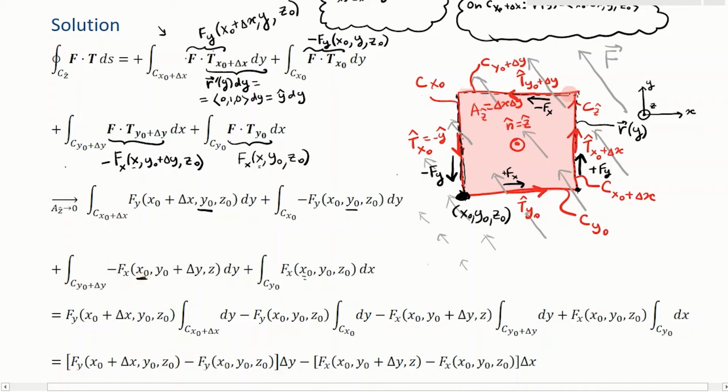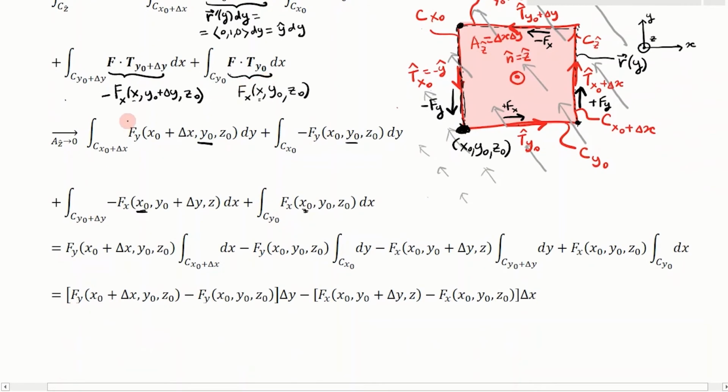On this contour, I evaluated the x component of the field at this point. So I plugged in x equals x naught. And this is a mistake again, sorry. So is this. And then on this contour, same idea. I evaluated the x component of the field at this point.